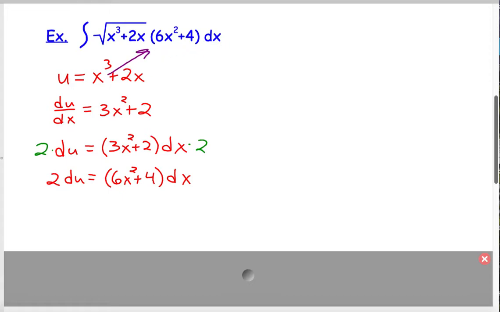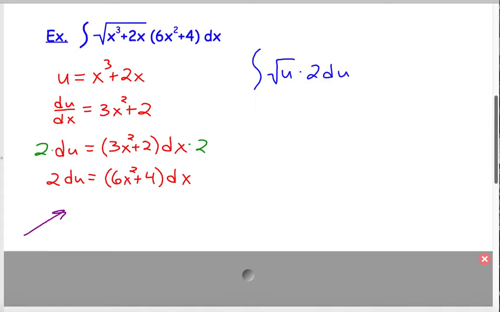Now that's exactly what I have here. So I can replace this 6x squared plus 4 dx with 2 du. And this part I can replace as the square root of just u. So let's write that new integral in terms of u. So we have the square root of u, or u to the 1/2 power, and then times 2 du.